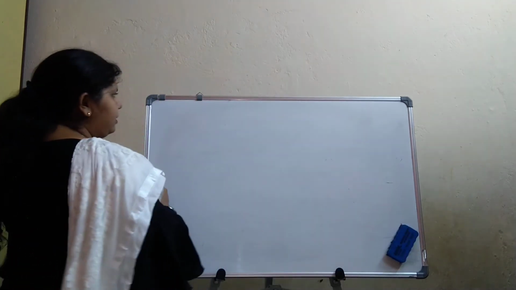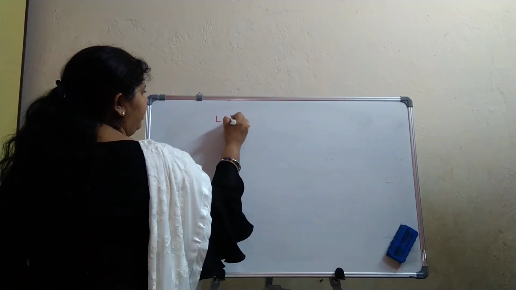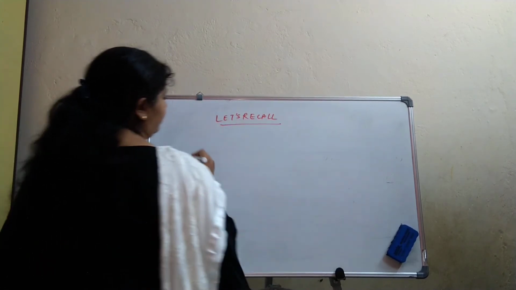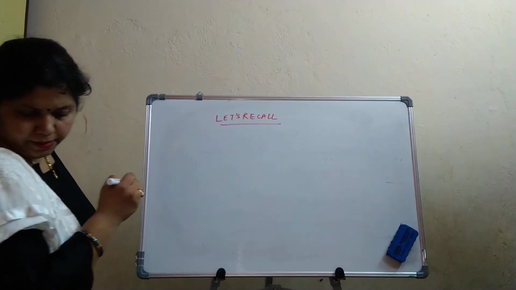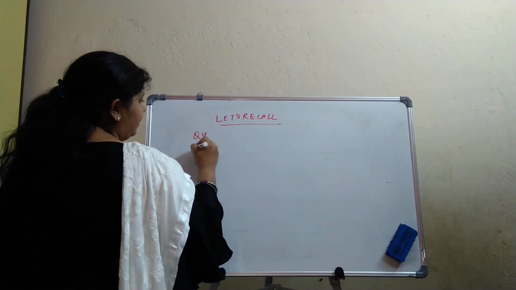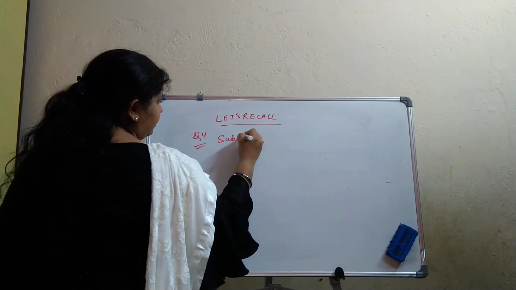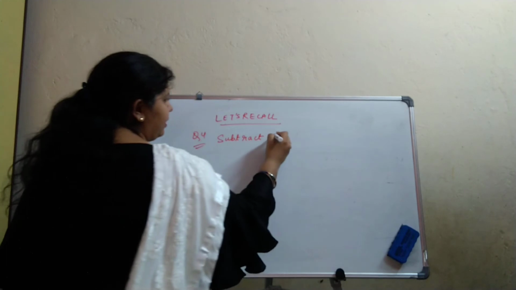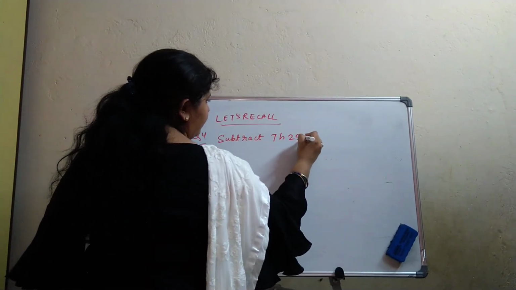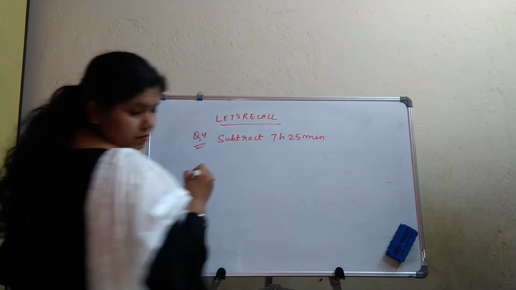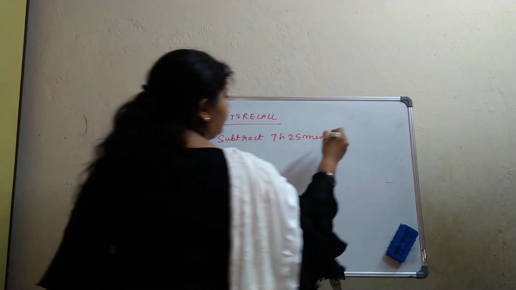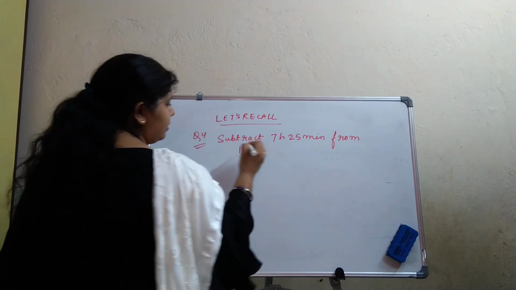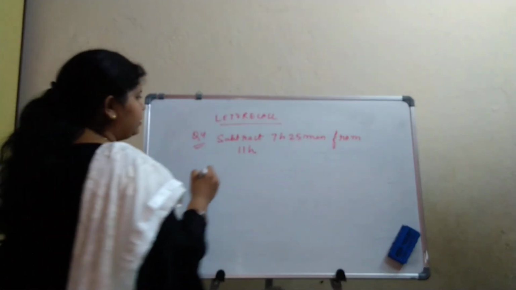The question is from Let's Recall, children. The question is: subtract 7 hours 25 minutes from 11 hours 40 minutes.